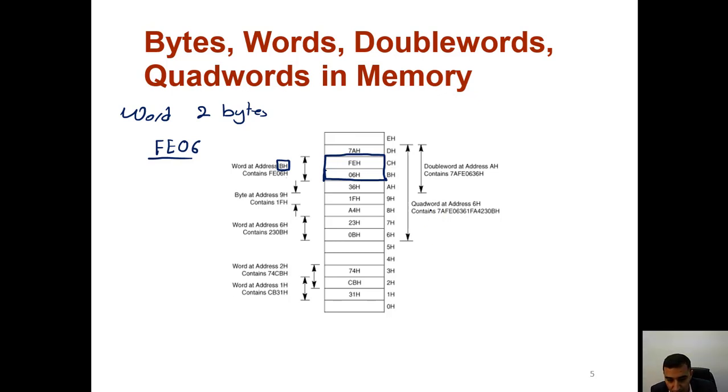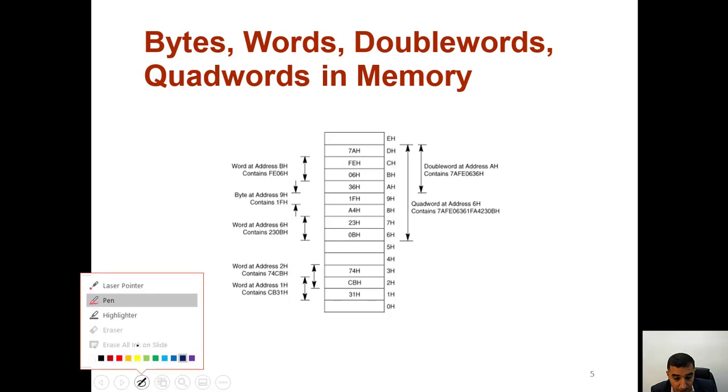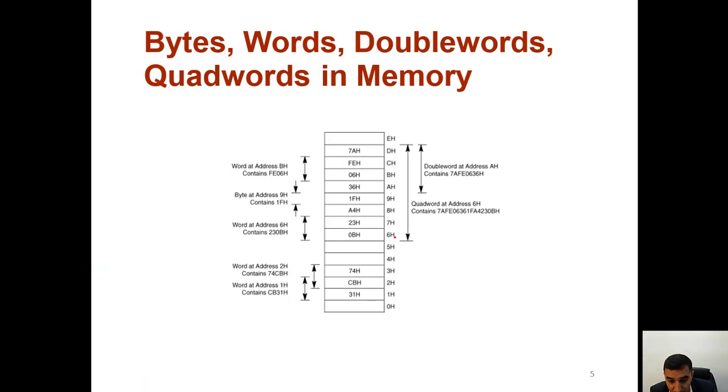Another instance, if I want to read a quad word, how many bytes? The quad word is 8 bytes. I want to read a quad word starting at address 6 hexa. This means I will start from 6 hexa up to D hexa, and my lowest byte will be in the lowest address.